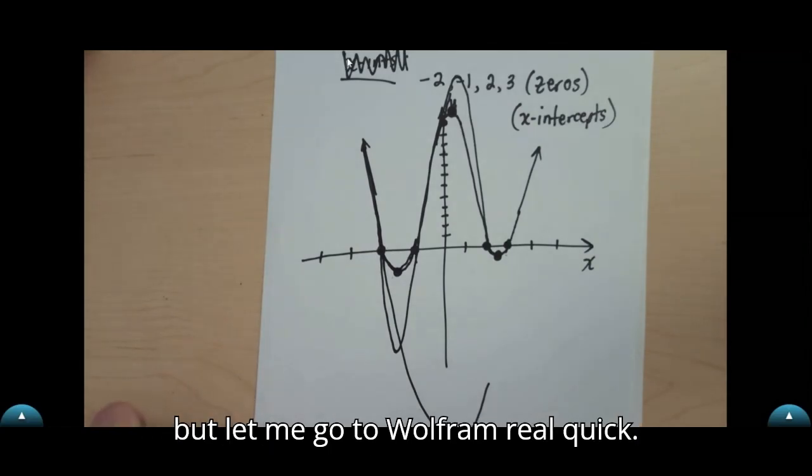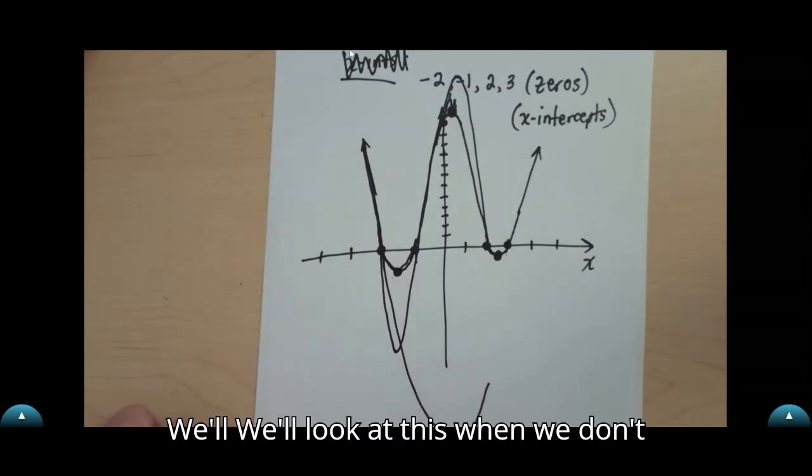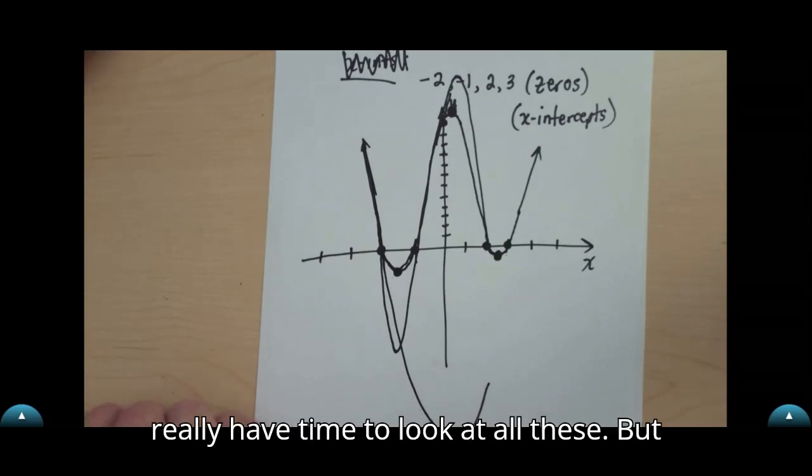But let me go to Wolfram real quick. We'll look at this one. We don't really have time to look at all these, but let's take a look at just this function, just so you can see that what we've done is a reasonable picture of the graph. Like the main features will be accurate.